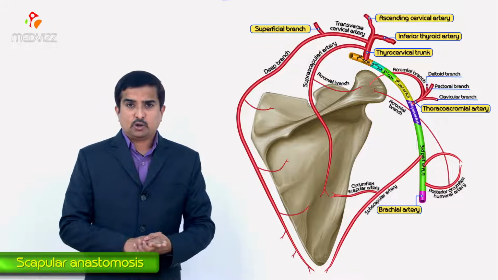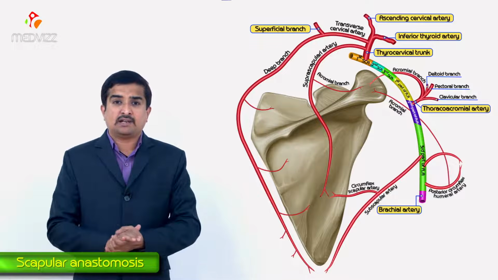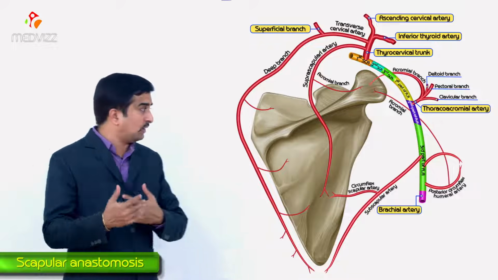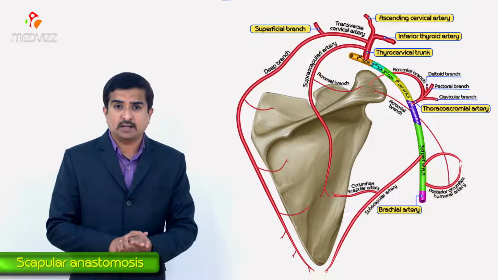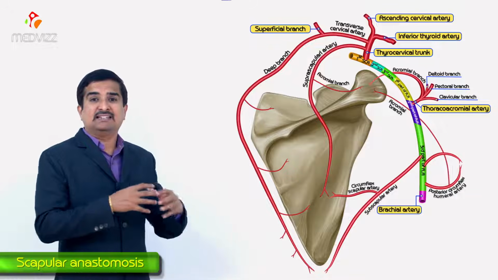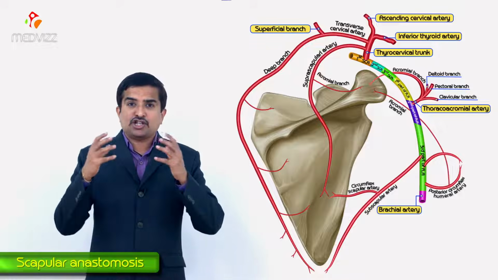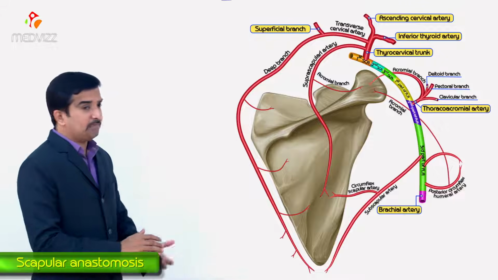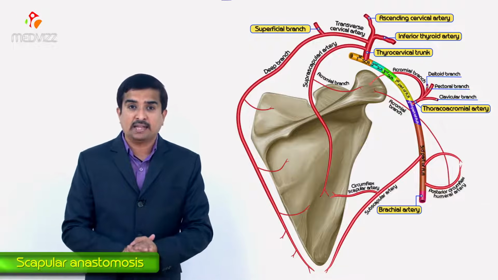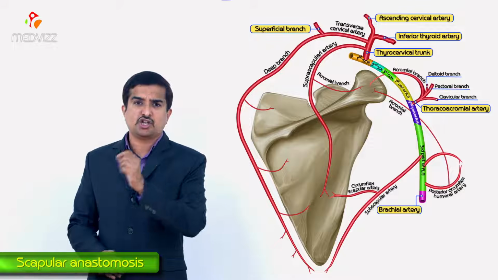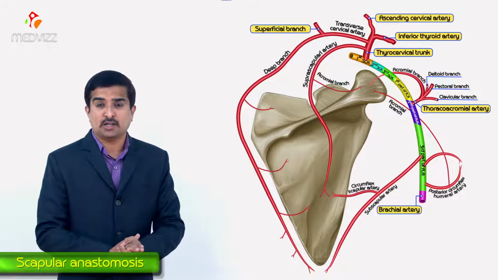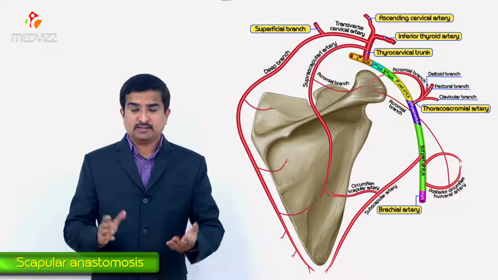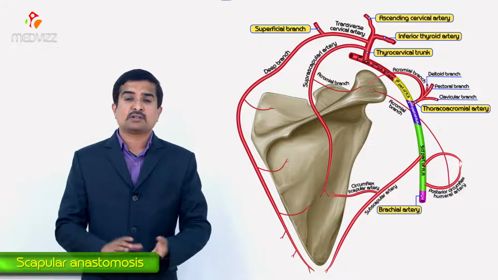In the event of a subclavian or axillary artery blockade anywhere between the first part of the subclavian artery and the third part of the axillary artery, this scapular anastomosis serves as a potential pathway, like a collateral circulation, between the first part of the subclavian artery and the third part of the axillary artery, especially to ensure adequate circulation mainly to the upper limb. That is the reason the scapular anastomosis is extremely important clinically, and this is what is about the anastomosis around the scapula.